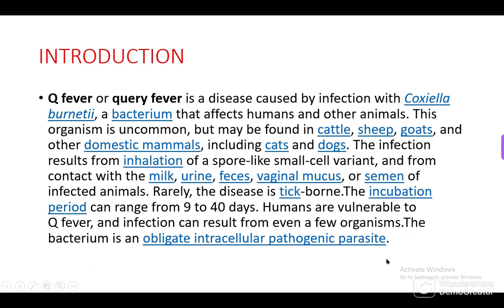Humans are vulnerable to Curie fever because of the milk, urine, feces, vaginal mucus, or semen of the infected animals. Those who are handling these animals can be infected. Infection can result from even a few organisms.